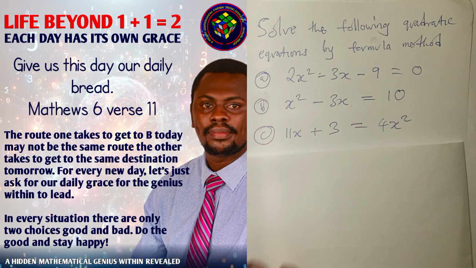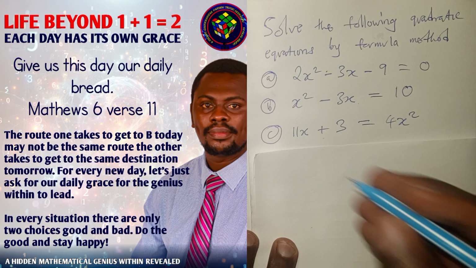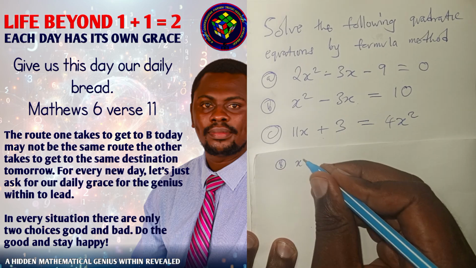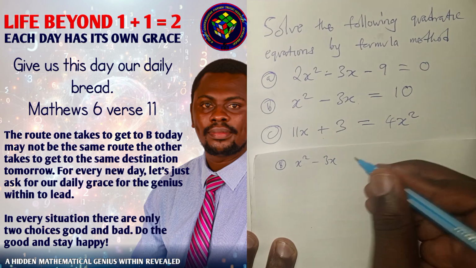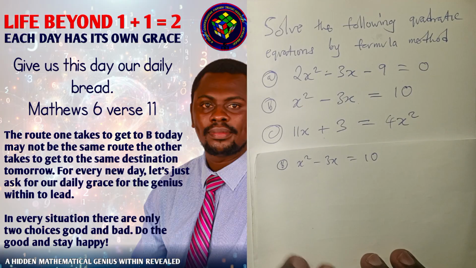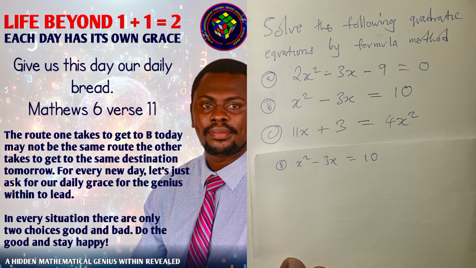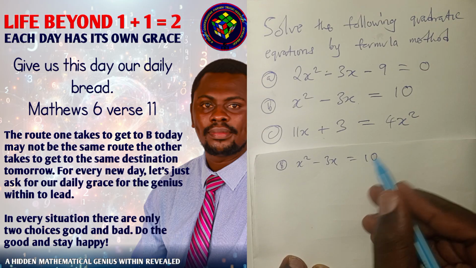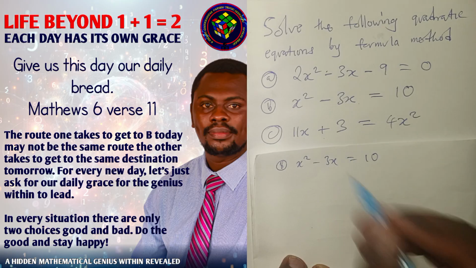Okay, then we go to B. We have x squared minus 3x is equal to 10. We can see that this one is not in quadratic equation form. The right hand side of the equation should have a 0, so the 10 here should come to this side.